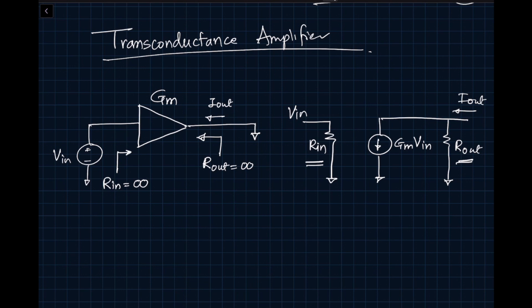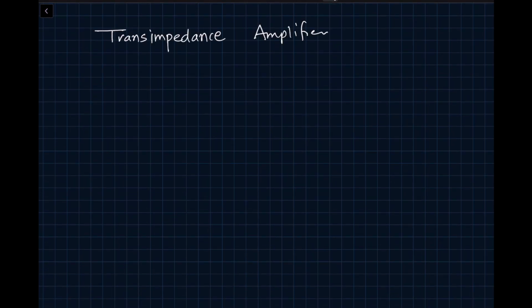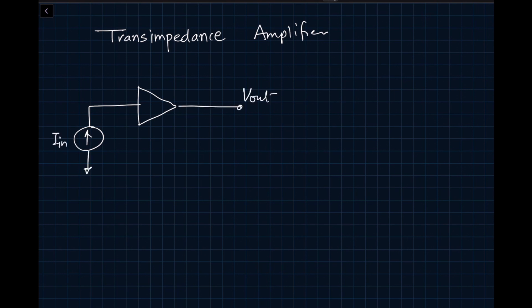The third amplifier we're going to look at is called the transimpedance amplifier. And let's look at how we represent this. So in the transimpedance amplifier, or in this particular case, transresistance amplifier, we have current input and voltage output. Since it's current input, we would like to see Rin equal to 0, so that all the current goes inside the amplifier, and it's voltage output, so we want Rout equal to 0.